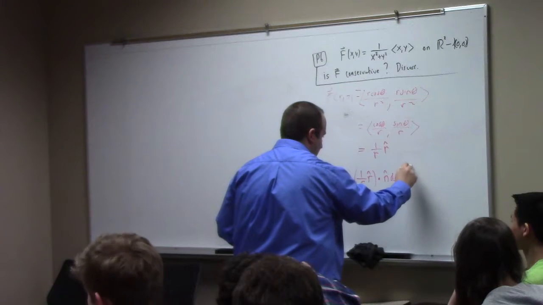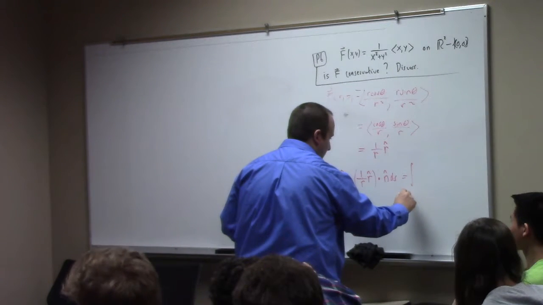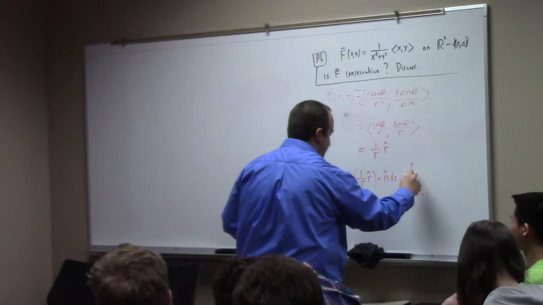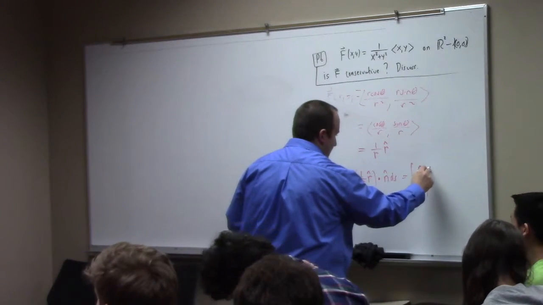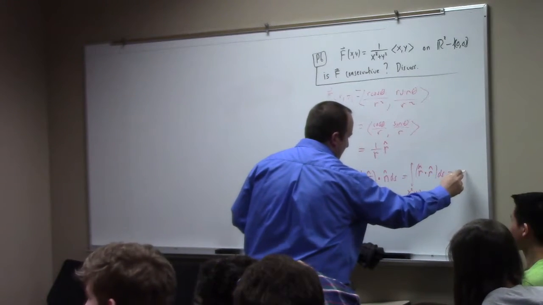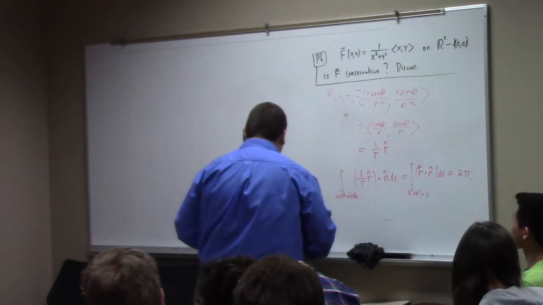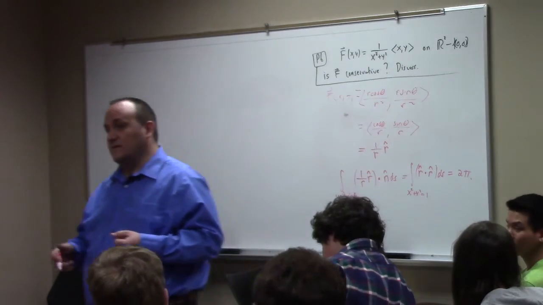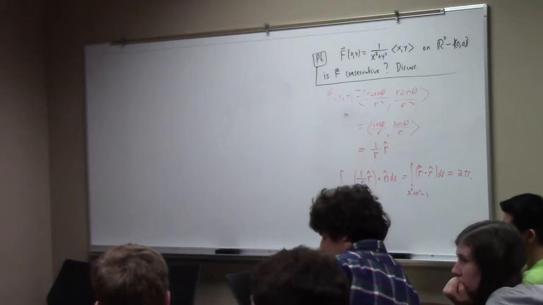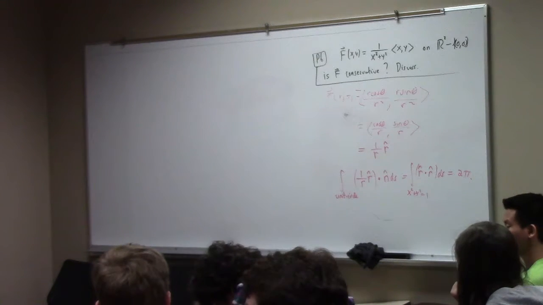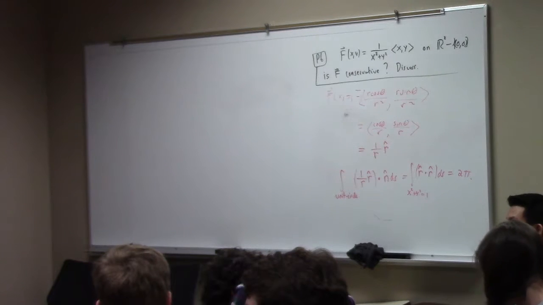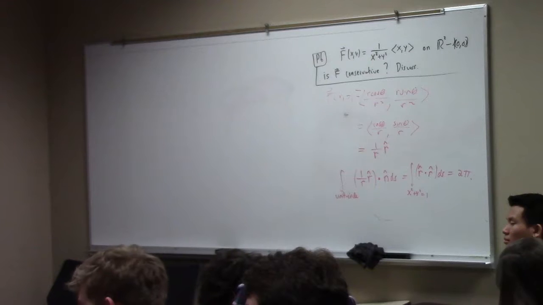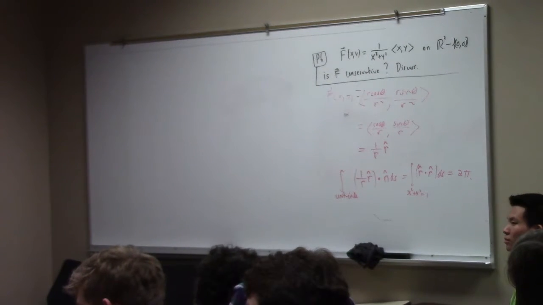Well, in the unit circle, that would just be the integral over x squared plus y squared equals 1 of r hat dot r hat ds, and so that'd be 2 pi. But the larger point here is, we worked this out in more careful, detailed previous lectures: if you look at any circle centered around the origin, you can prove that the integral around the loop is non-zero, which means that the vector field is not conservative, because that's one of our list of equivalent conditions for conservative, right?